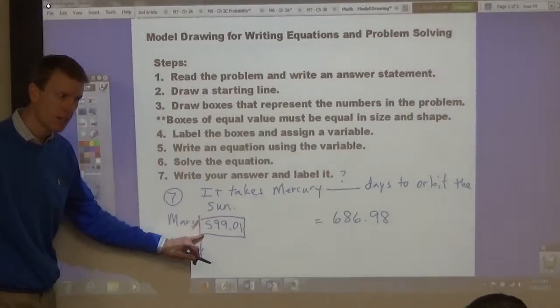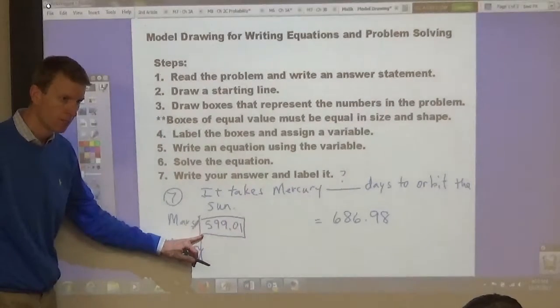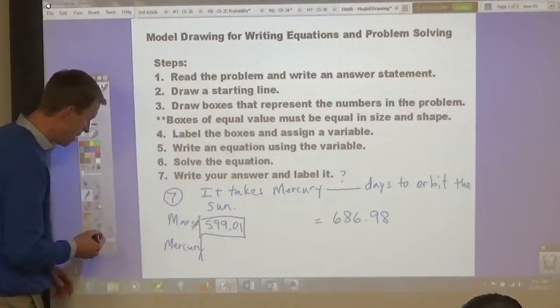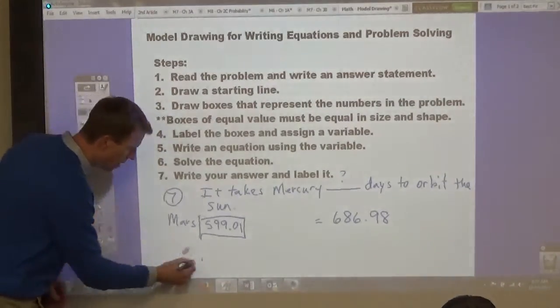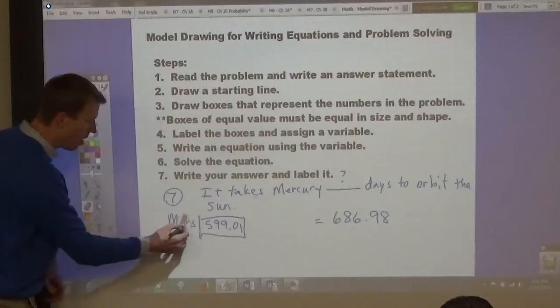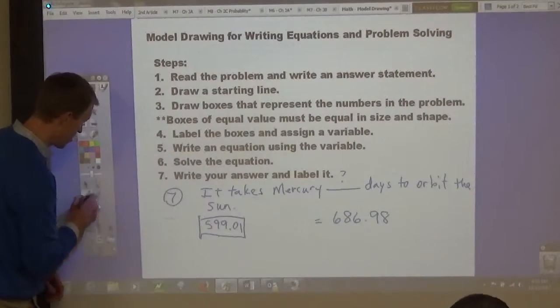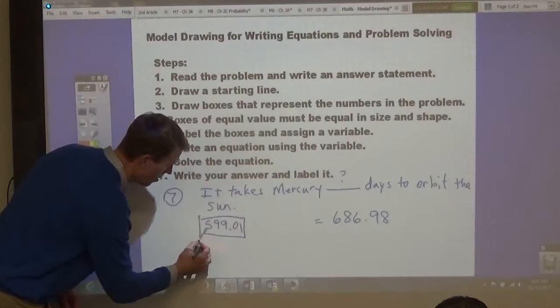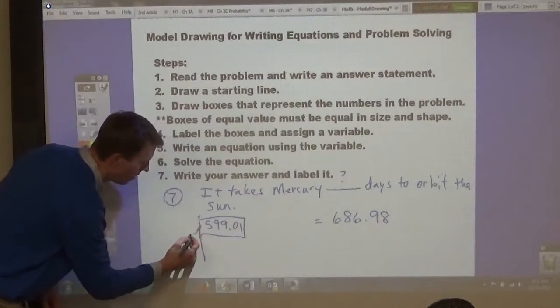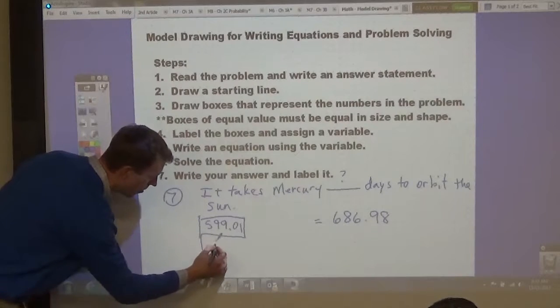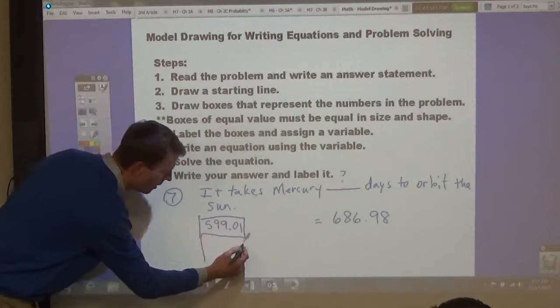So Mercury is less. So that means it's kind of like Mars, if this is Mars, and Mercury is less than that.